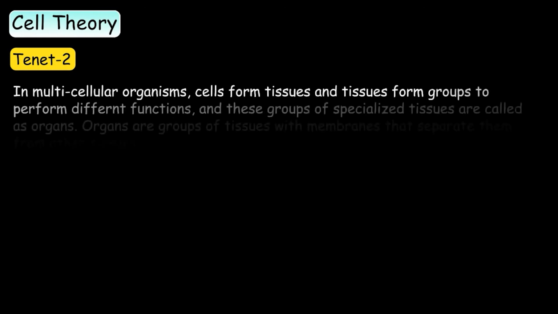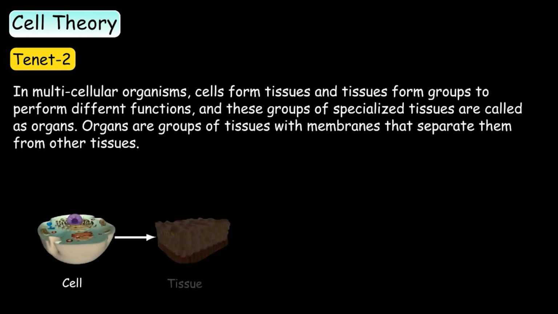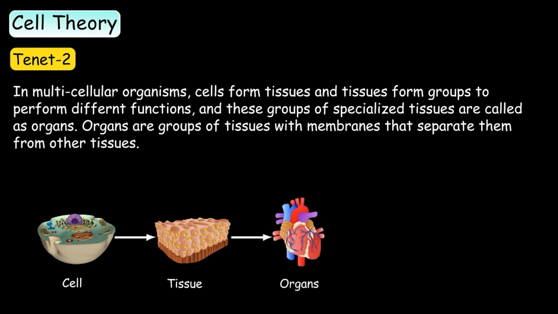In multicellular organisms, cells form tissues and tissues form groups that perform different functions. And these groups of specialized tissues are called organs. So, organs are groups of tissues with membranes that separate them from other tissues.